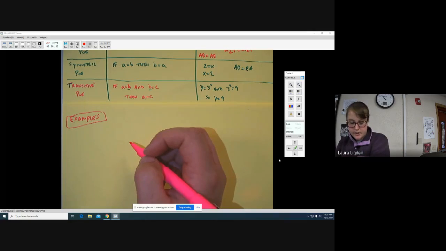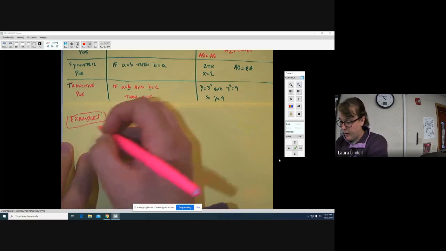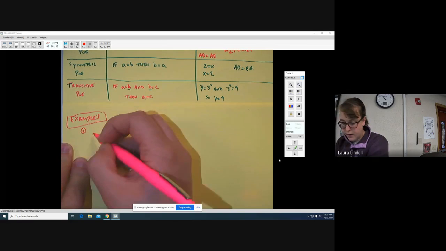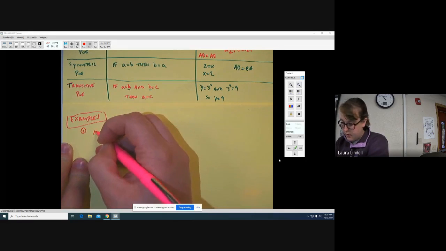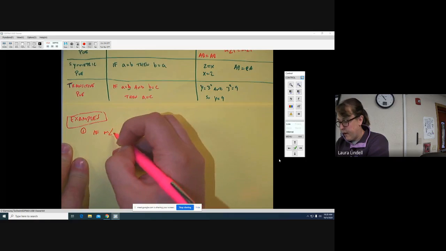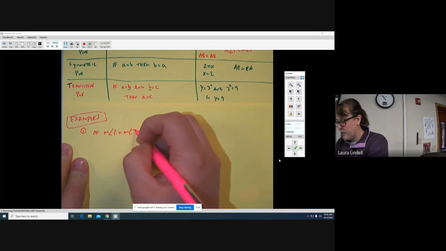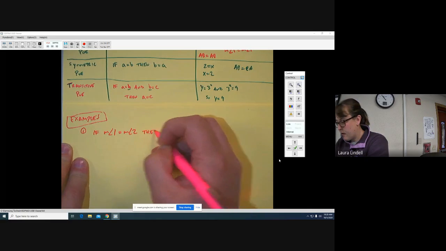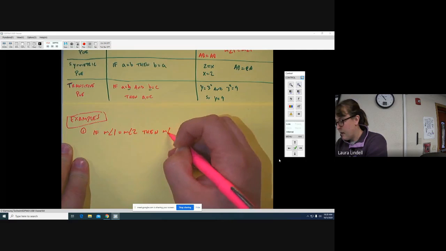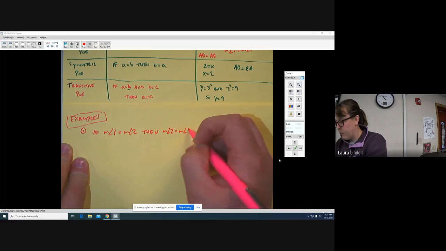So our first one: if measure of angle 1 equals measure of angle 2, then measure of angle 2 equals measure of angle 1.